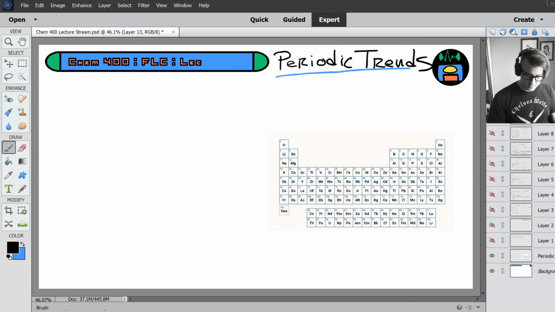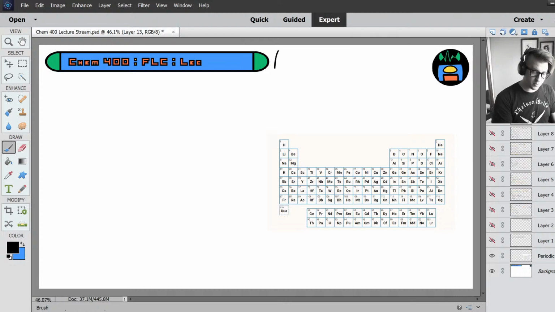The first periodic trend is atomic radius.